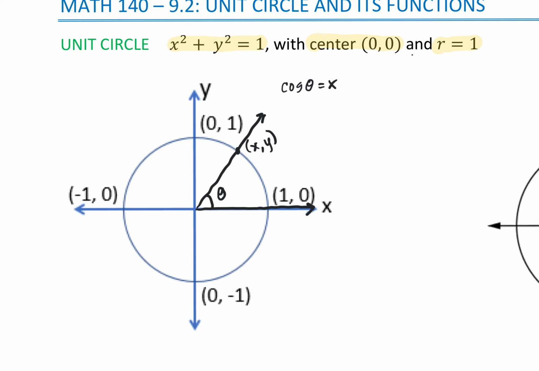And I'm going to let the sine function, which I will abbreviate SIN, of that angle theta, be the y value with respect to this point (x, y) on my unit circle. So I can replace the point (x, y) with the notation cosine theta, comma, sine theta.